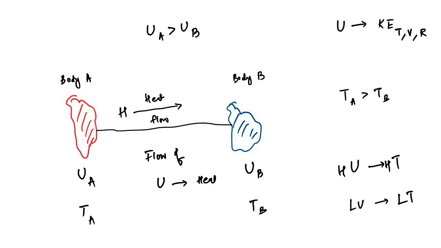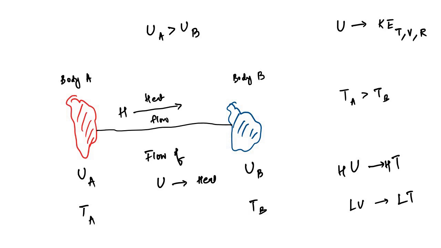So when a body has high internal energy, it will have high temperature, and as a result, that internal energy will flow from that body to another body of low internal energy and low temperature. And only that flow of internal energy is called heat. Only that flow. Heat of a body is not a right thing to say.